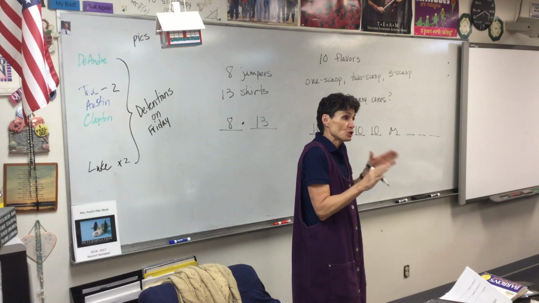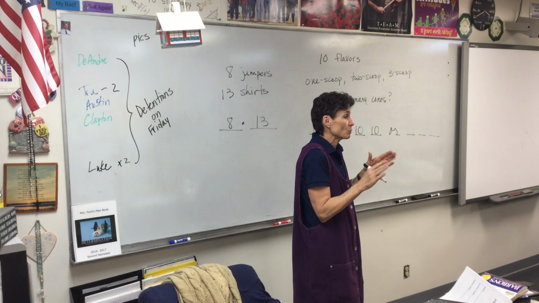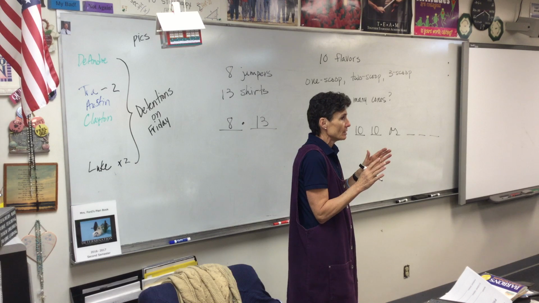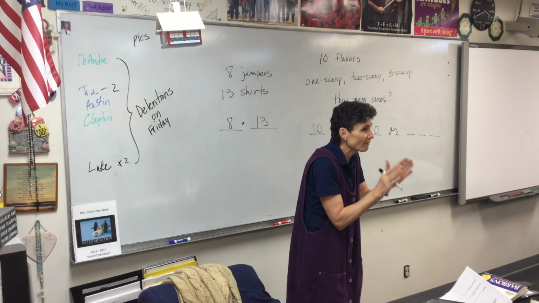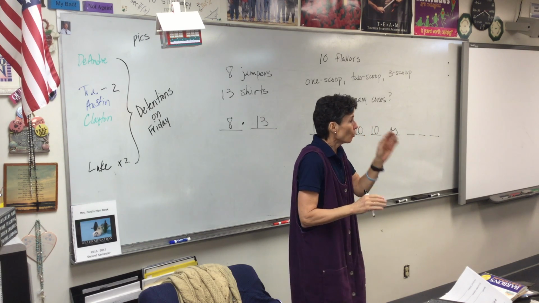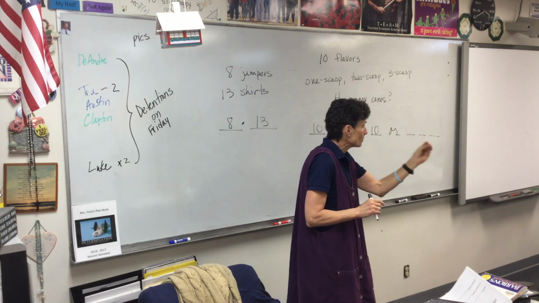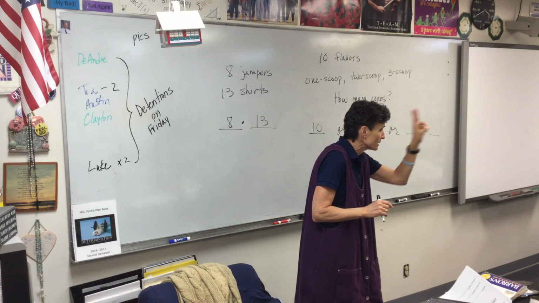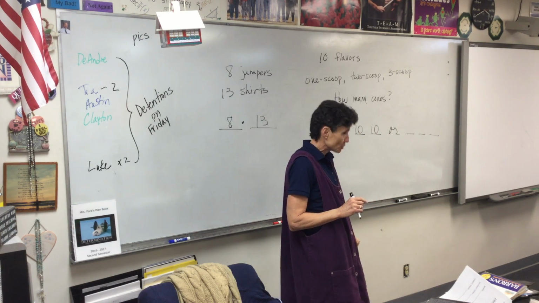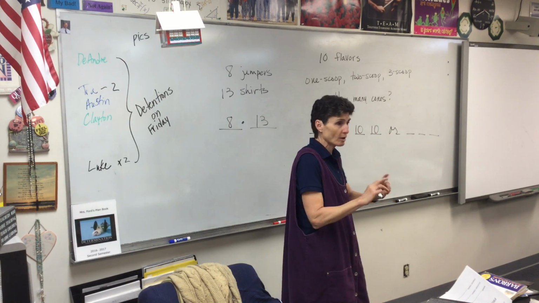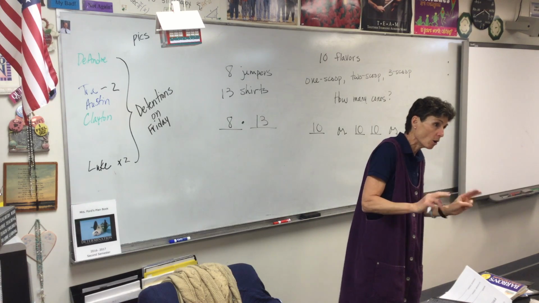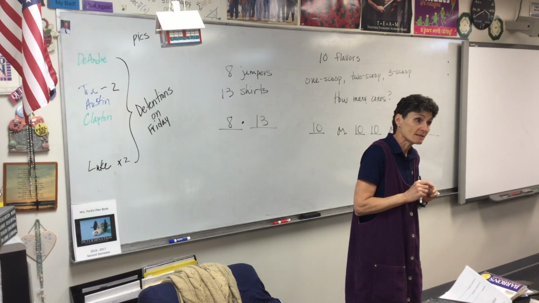Now, one of the issues that we have is kids will say to me, well, how do I know? Boys and girls, you have to use your common sense. When you walk into Baskin Robbins, can you get 2 chocolate scoops? Yes, you can. So unless you are specifically told no, go with your common sense.